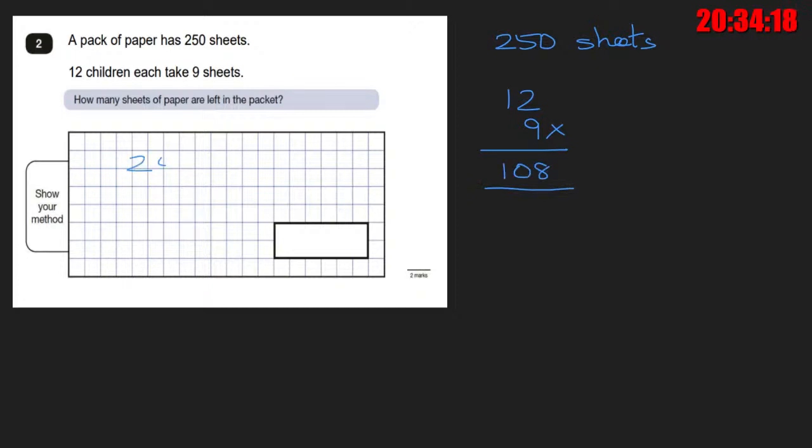The question is how many sheets of paper are left in the packet. So 250 take away 108: 10 take away 8 is 2, 4 take away 0 is 4, and this is 1. So 142 sheets of paper are left over.